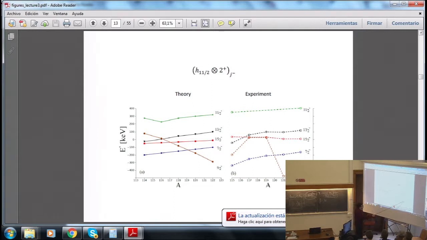And this behavior is a specific signal of diagrams in which you have to recouple angular momenta.